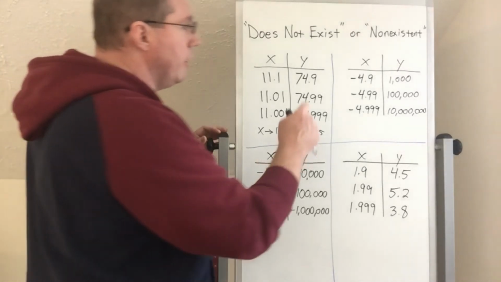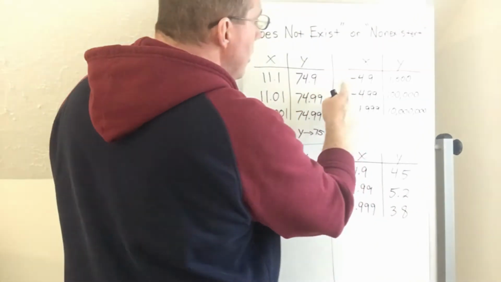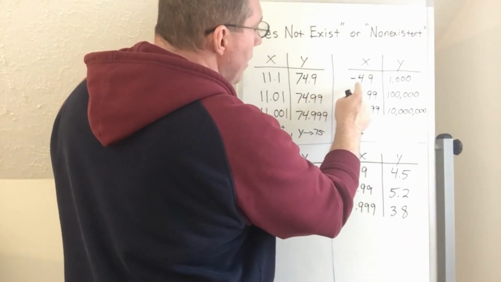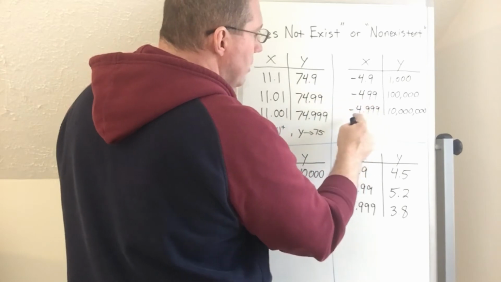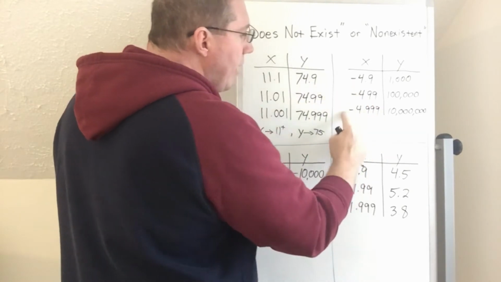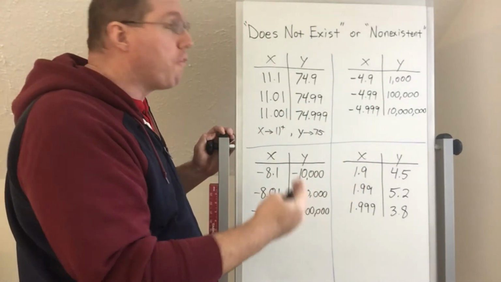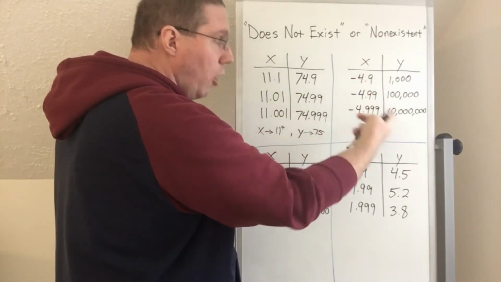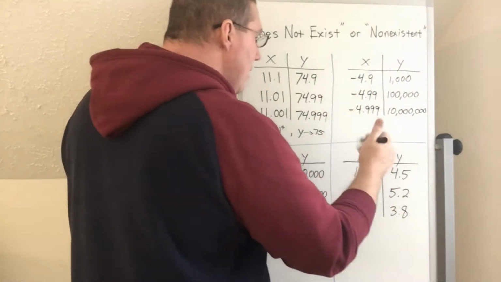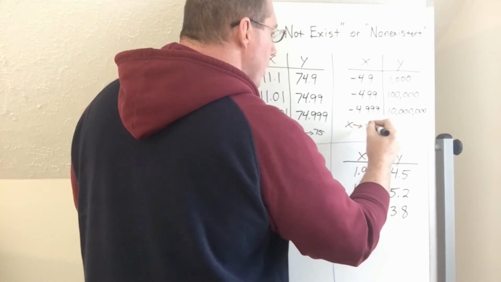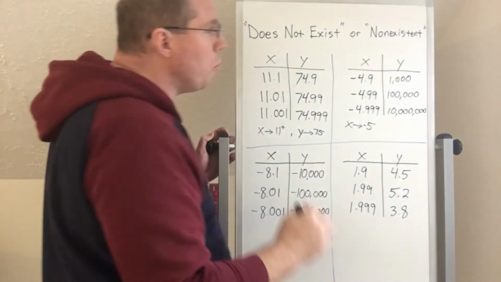So let's look at this one here. We can see that x is going from negative 4.9 to negative 4.99 to negative 4.999. Looks like x is approaching negative 5 from the right side because these numbers are larger than negative 5. Well, as x is approaching negative 5, what is y approaching?